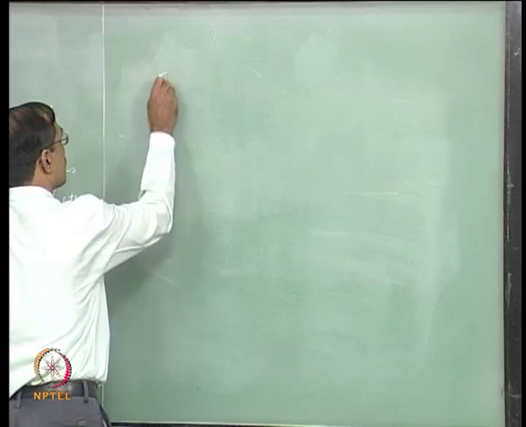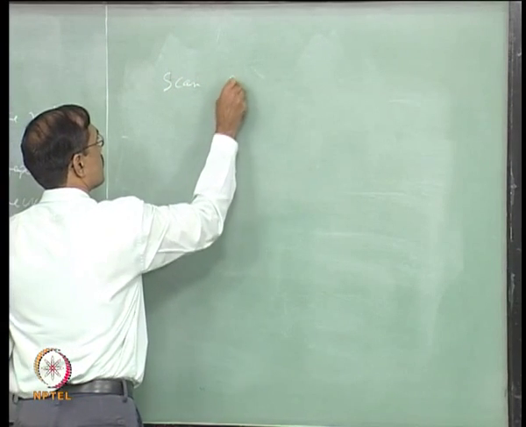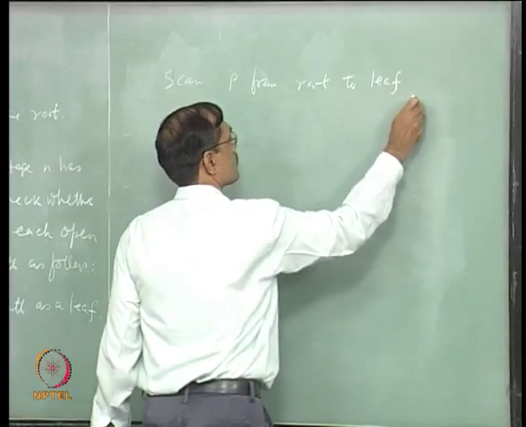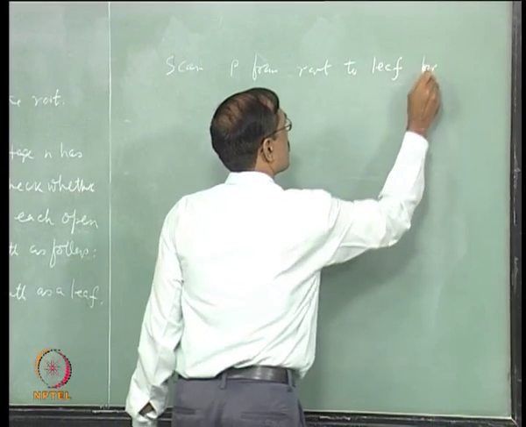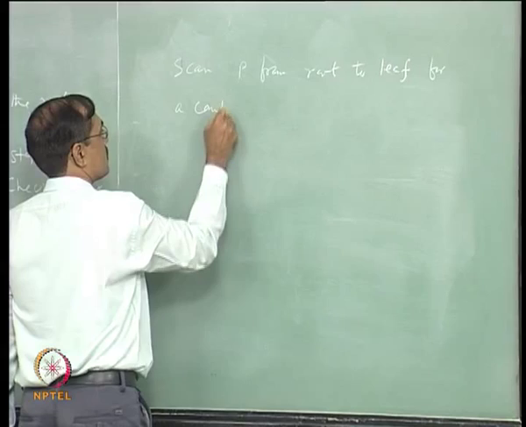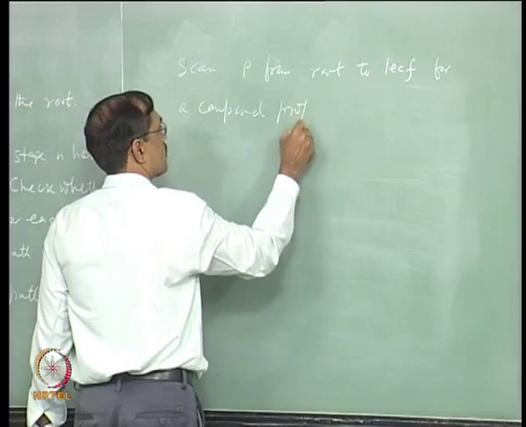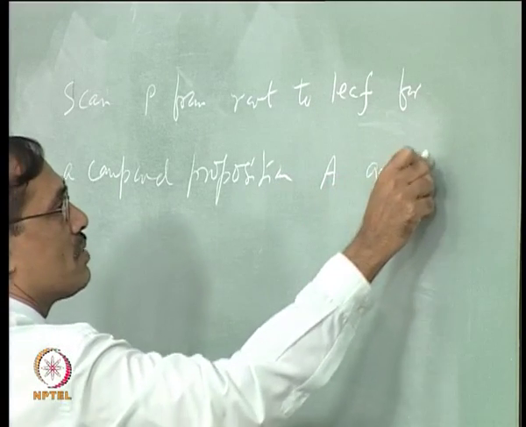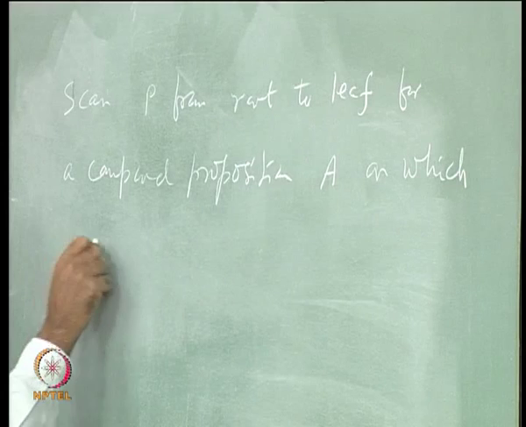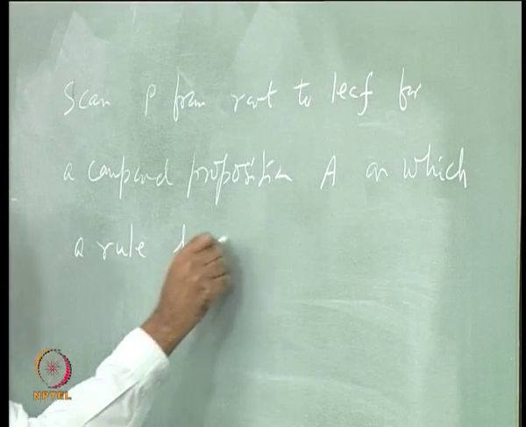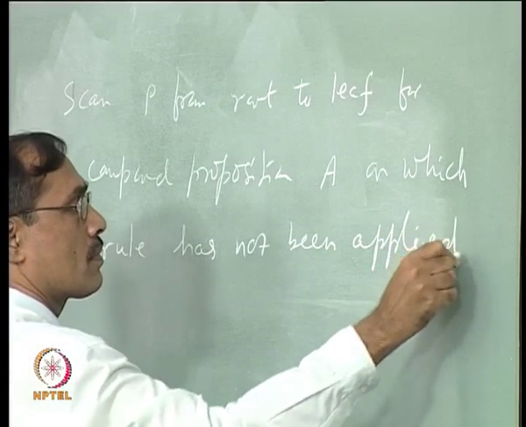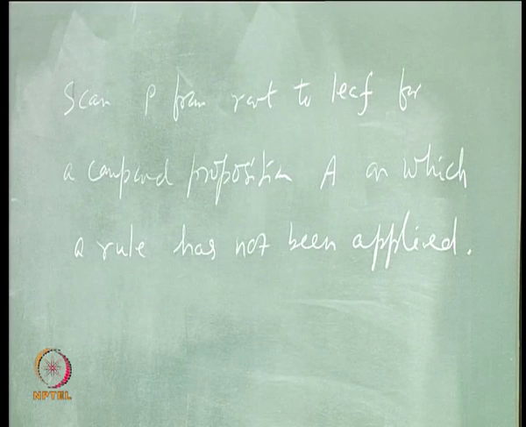Then what we do? Scan row from root to leaf for a compound proposition, say A, on which a rule has not been applied. Suppose that is the first.